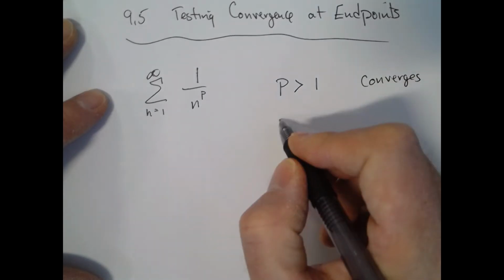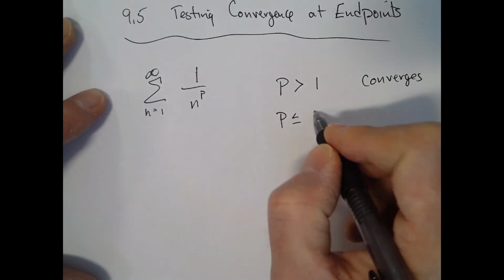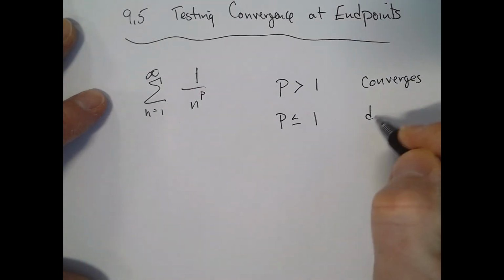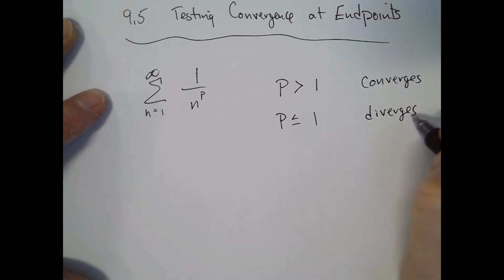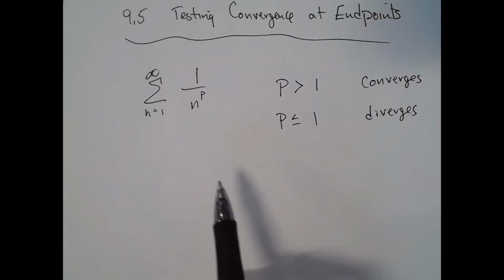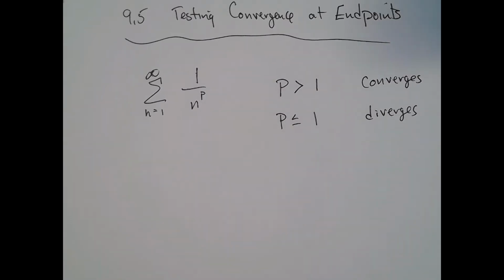And if p is less than or equal to 1, so basically between 0 and 1, including 1, it diverges. So 1 over n to the 1/2 would diverge. 1 over square root of n diverges because it's 1/2, which is less than 1.